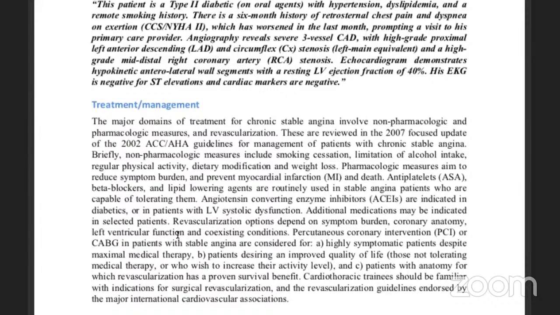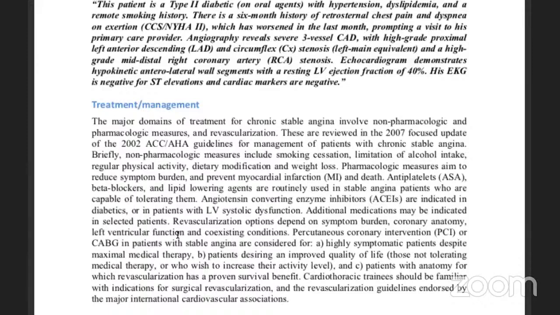We only know he has 3-vessel disease, and you can calculate the score from the SYNTAX score. He also has LV dysfunction of let's say 40% or 38%. With follow-up you do an echo, so the ejection fraction should improve going with treatment. What do you think, Faisal?